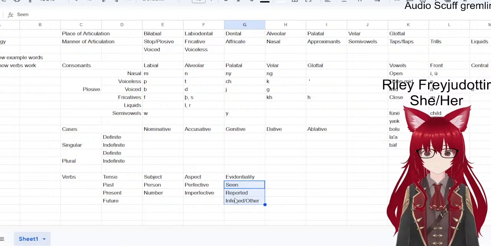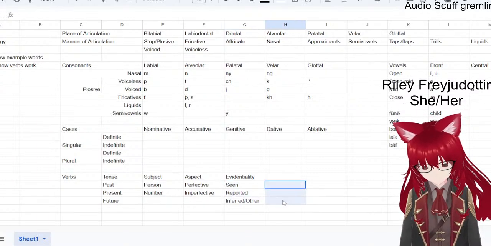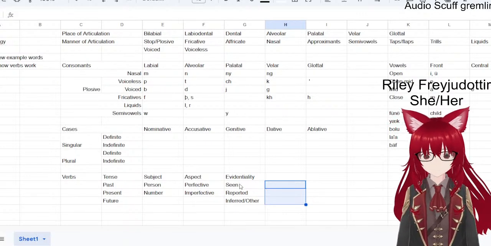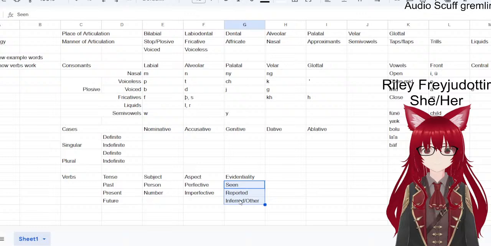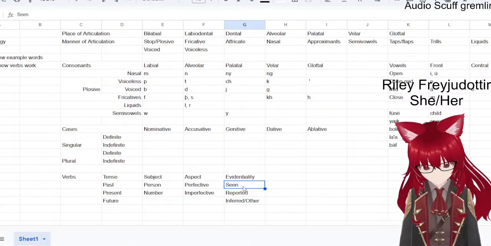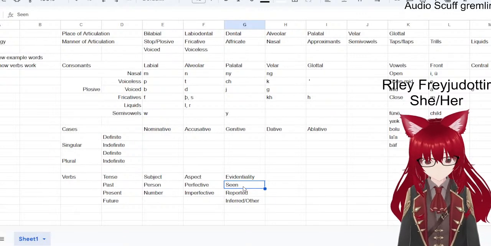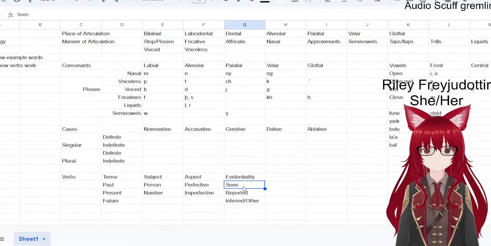It tells you what kind of evidence the speaker has for the sentence they're saying. Did they see it firsthand? If someone says, "I was at the beach and there was a shark," you would hope they saw the shark.